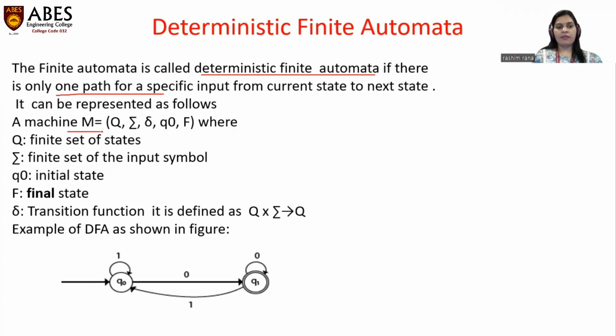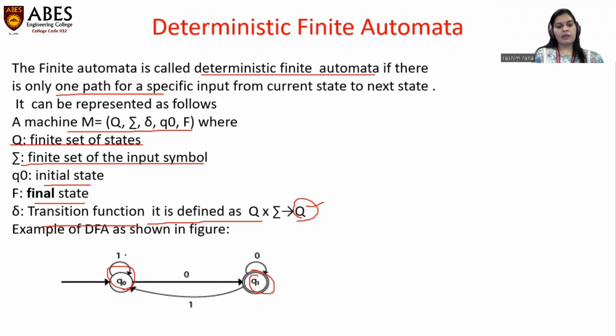It can be represented as follows. A machine M carries 5 tuples Q, sigma, delta, q naught, and F, where Q is the finite set of states, sigma is the finite set of input symbols, q naught is the initial state, and F is our final state. Delta is the transition function, defined as Q times sigma gives Q. Let's take an example. q naught is our initial state and q1 is our final state.